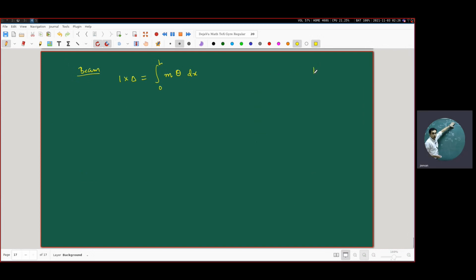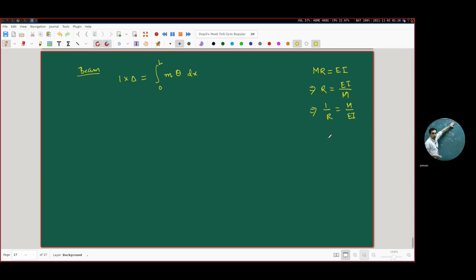So we had this expression that we had derived earlier. So if you don't remember this, go back to the chapter on bending, you will see that this is there. So this R is the radius of curvature. So this R is like EI by M, or you can think of it like this. This is 1 by R is equal to M by EI.